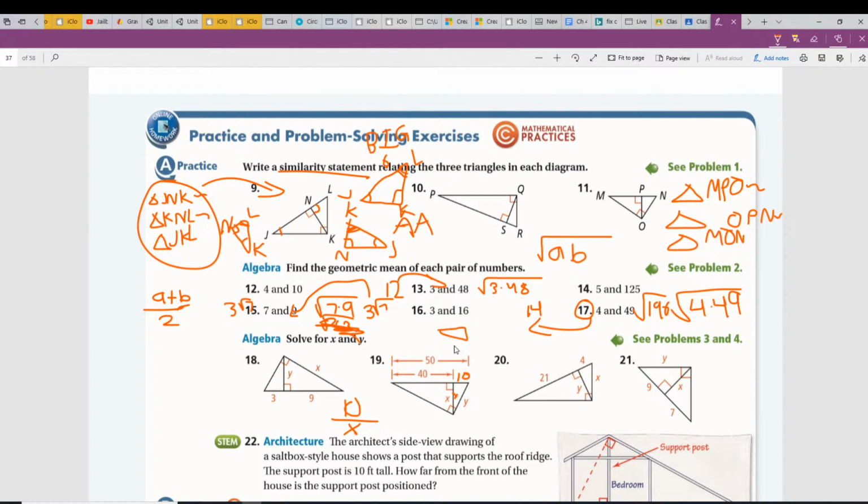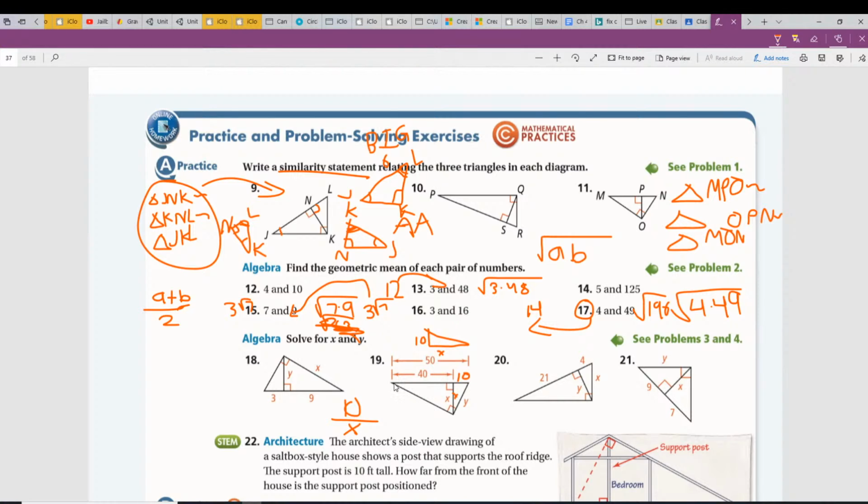Okay, so this is the small triangle, I just rotate it to the left. So we have, this is x, this is 10.